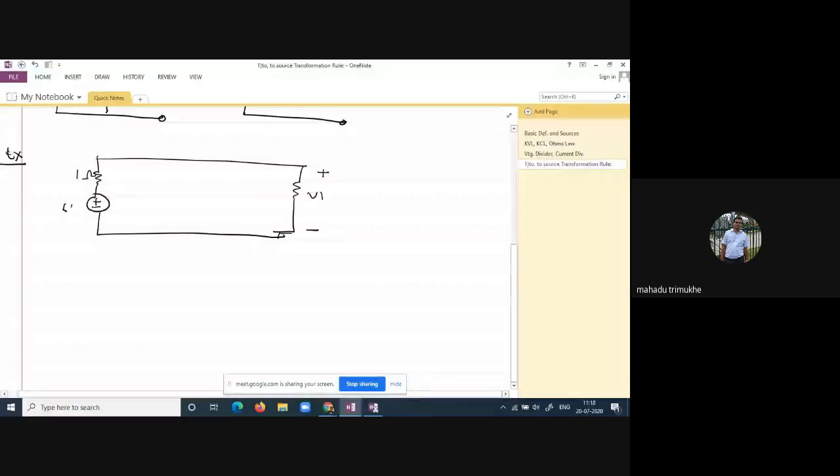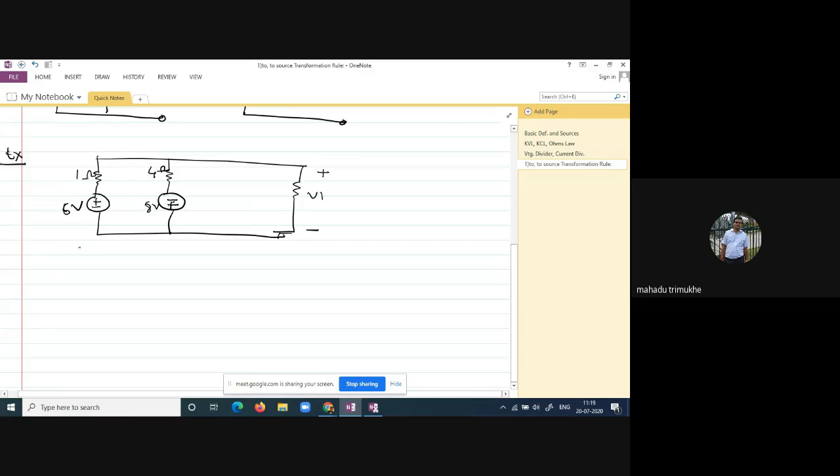And here again a resistor, and a voltage source, that is here 8 volt, and here 4 ohm. So we have two branches over here. This is 6 volt, one branch, and another is the second branch. We call it branch 1 and branch 2.